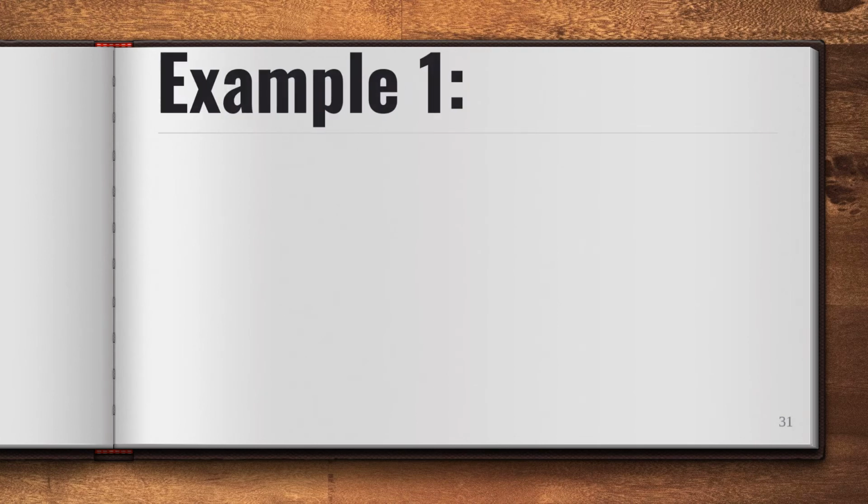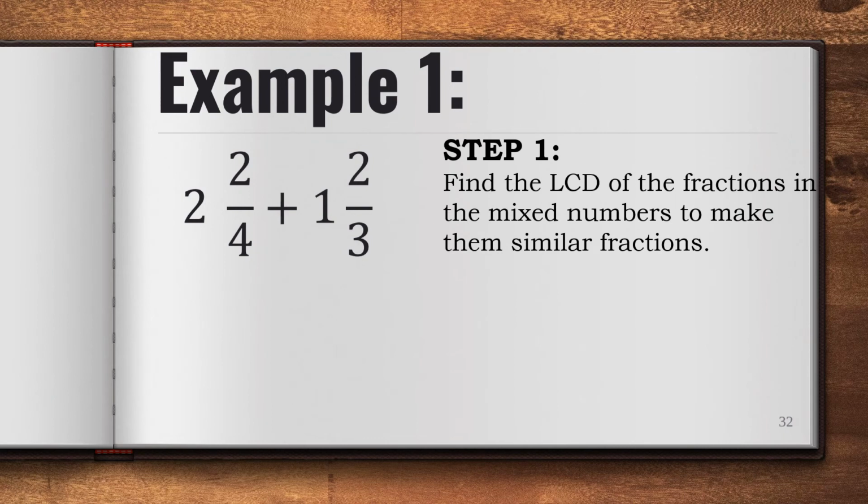So let us have example 1. When adding mixed numbers, 2 and 2/4 plus 1 and 2/3, what do you think is the first thing that we are going to do? Okay, so for step 1, you find the LCD of the fractions in the mixed numbers to make them similar fractions.